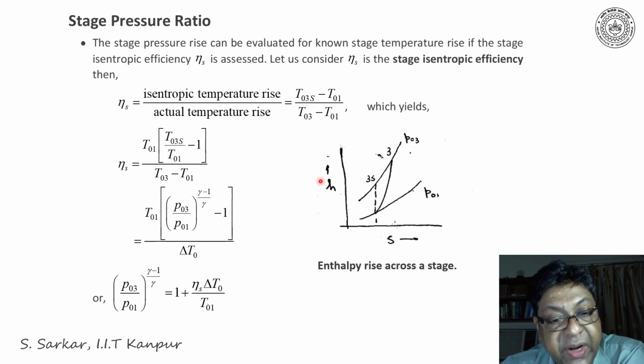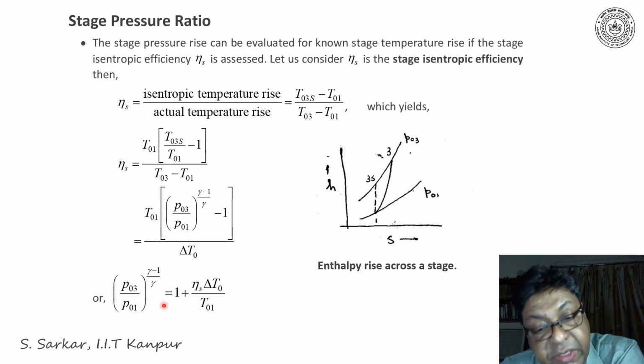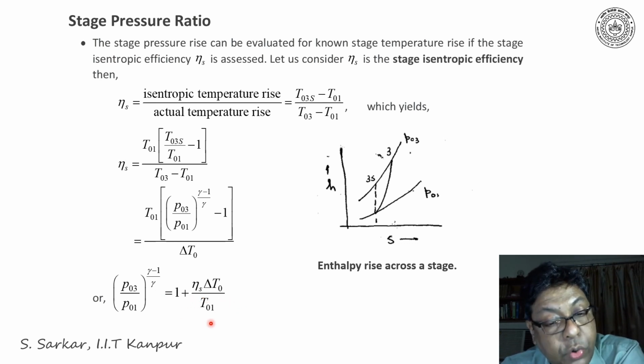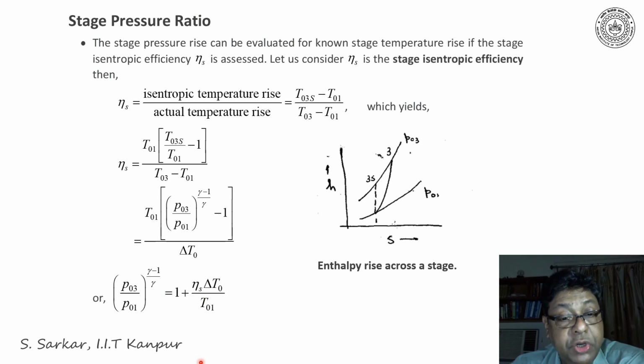Thus, from here I can write P03 by P01, which is the pressure ratio of the stage. Thus, (P03 by P01) to the power (gamma minus 1) by gamma is equal to 1 plus eta S ΔT0 divided by T01. T01 is the inlet total temperature at the stage.